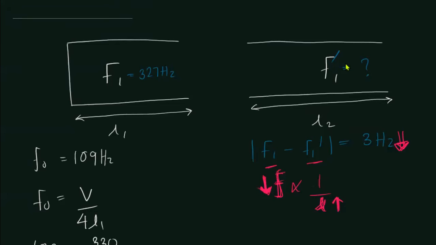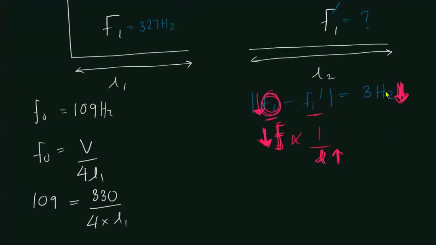So when the frequency of the open tube decreases, this should decrease. So the open tube should be at this point. So we have to rewrite this equation in this way: f1 dash minus f1 is equal to 3.